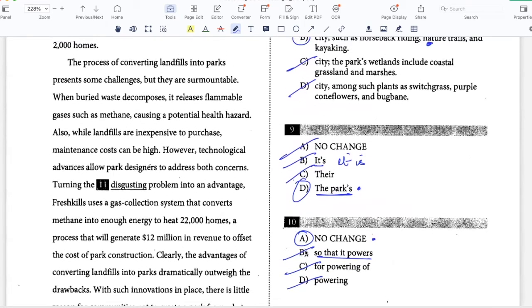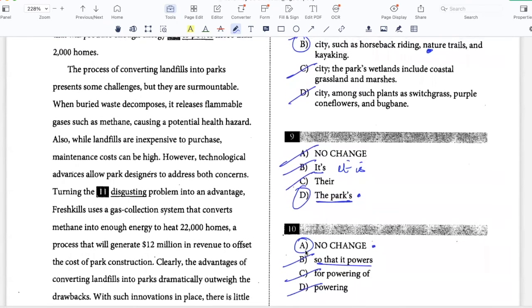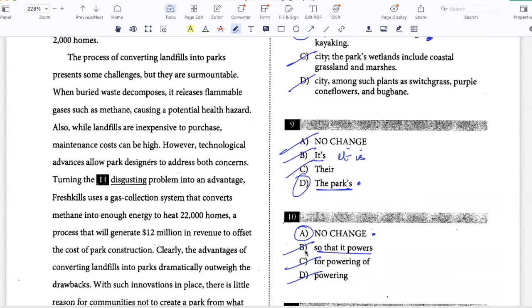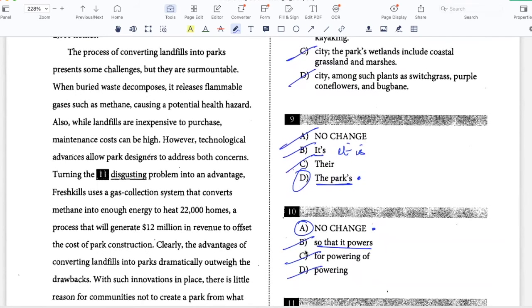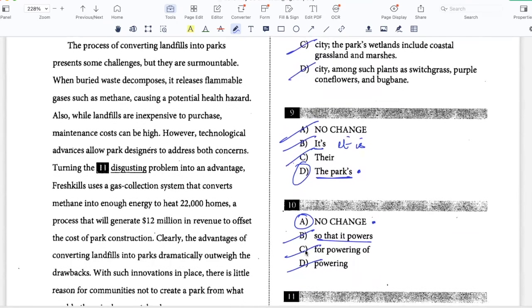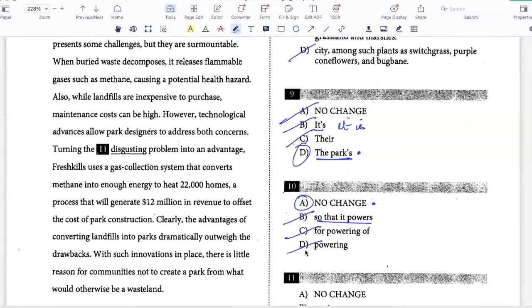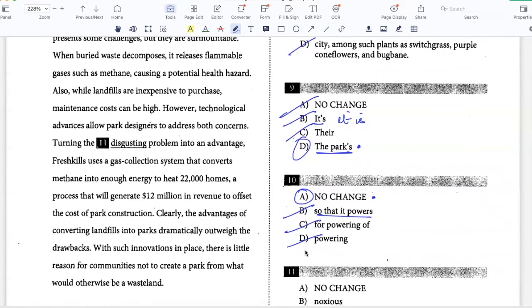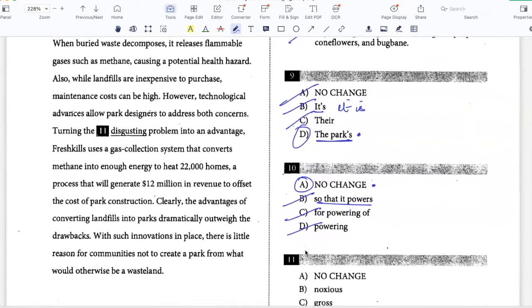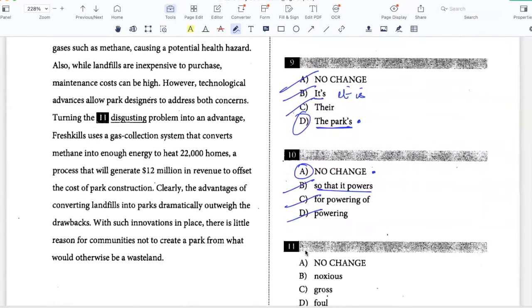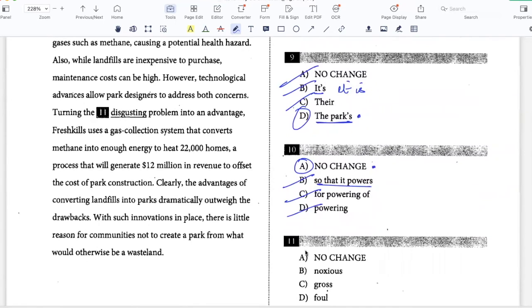The process of converting landfills into parks presents some challenges, but they are surmountable. When buried waste decomposes, it releases flammable gases such as methane, causing a potential health hazard. Also, while landfills are inexpensive to purchase, maintenance costs can be high. However, technological advances allow park designers to address both concerns, turning the disgusting problem into an advantage.